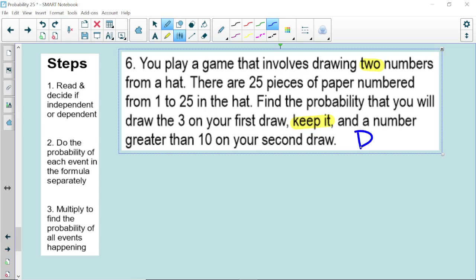So dependent. Alright, so we're finding the probability of picking out a 3, and then a probability of getting a number greater than 10.